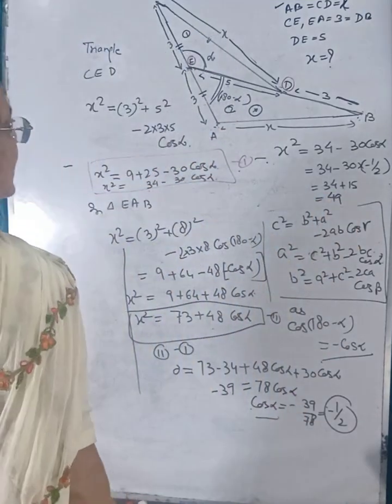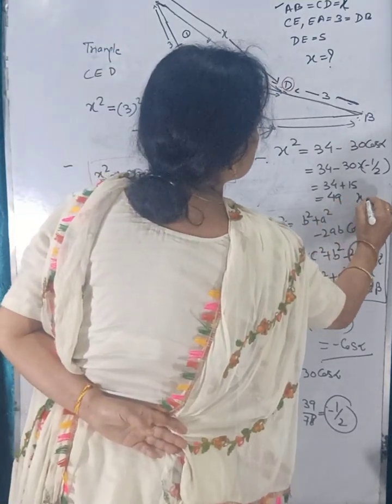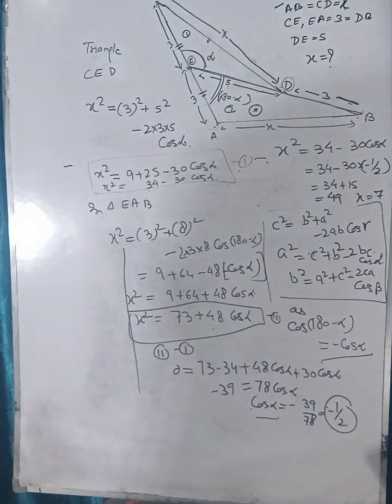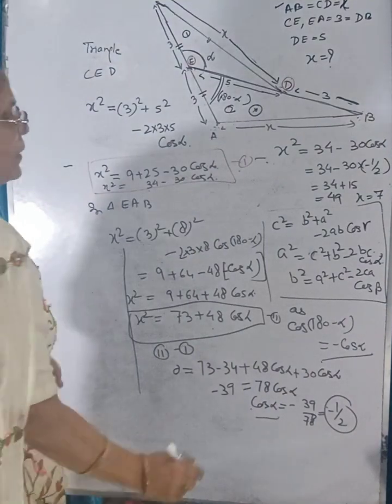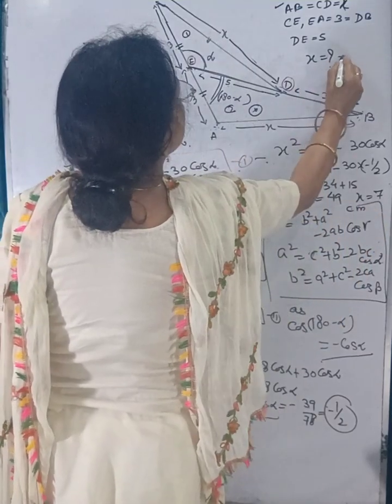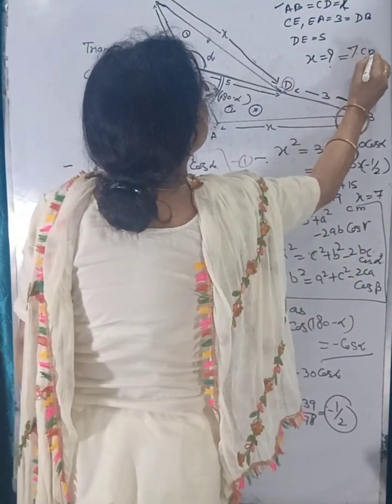It means x will be equal to 7. Answer: x will be equal to 7 centimeter. This is the answer.